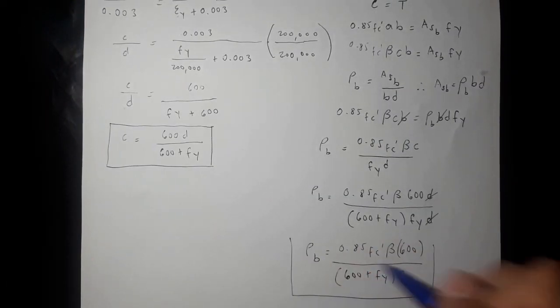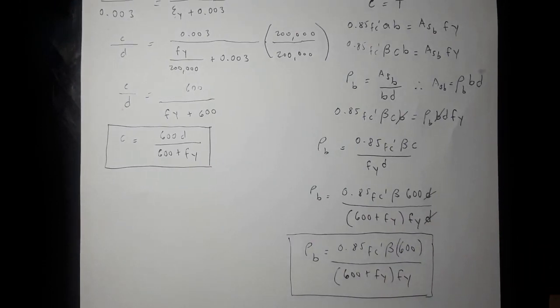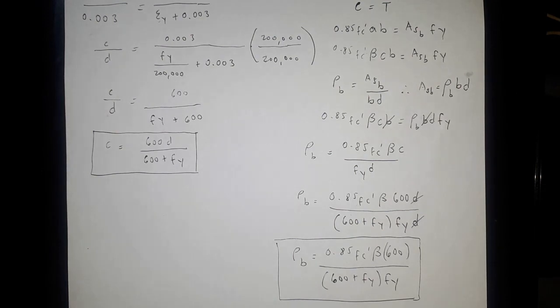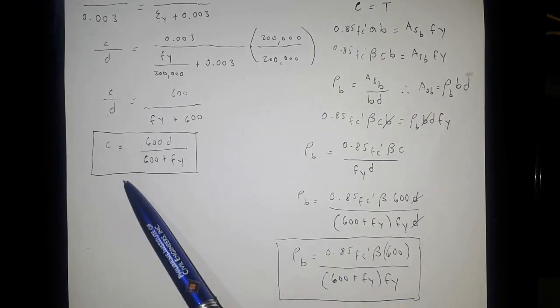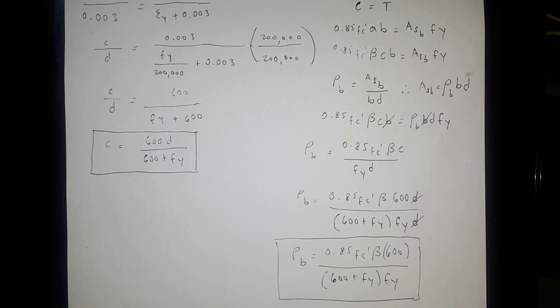So, ito yung formula natin sa balance steel ratio. So, since na-derive na natin yung formula sa depth ng neutral axis, yung C, and yung raw balance, so pwede na tayo magsagot ng sample problem.